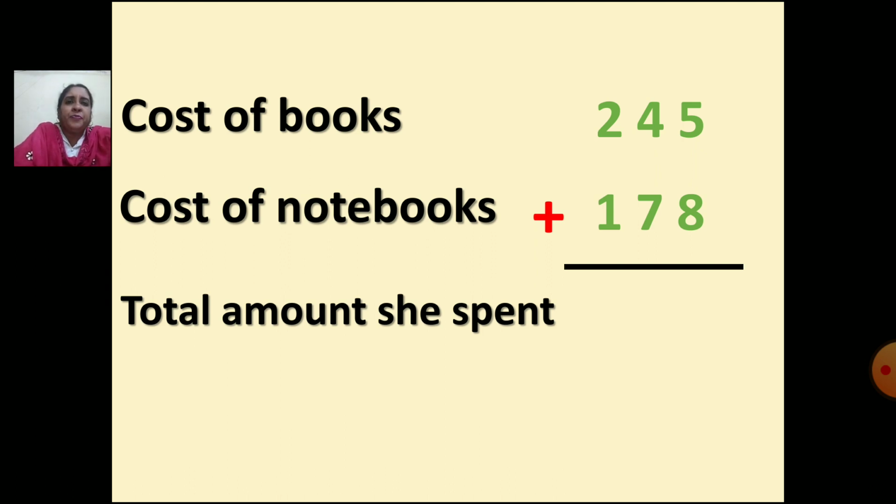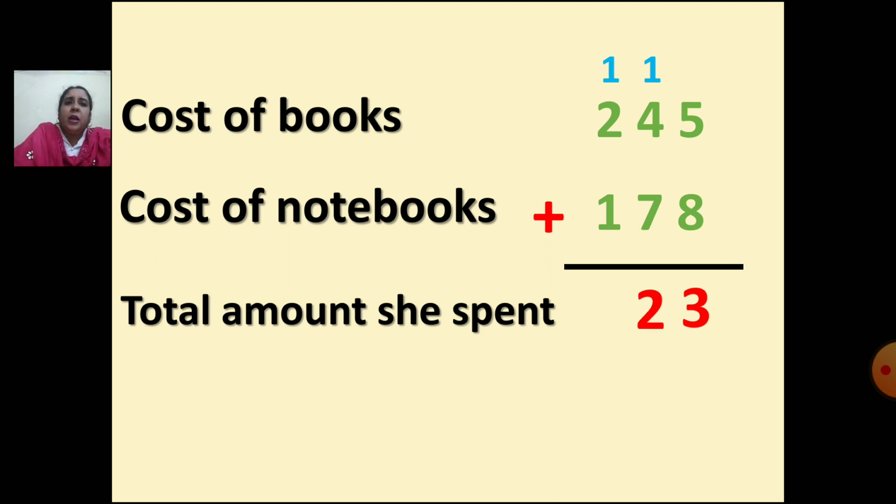Add and find out. 5 plus 8 is how much? 13. So 3 will come down and 1 will go where? In tens place, right? Now we are going to add tens place number. 4 plus 1 is how much? 5. And 5 plus 7? 5 plus 7, 6, 7, 8, 9, 10, 11, 12. So what you are going to do? 2 will come and 1 will go in hundreds place, right?